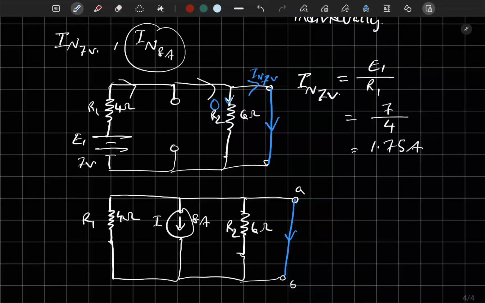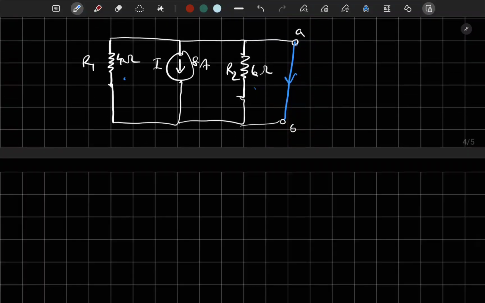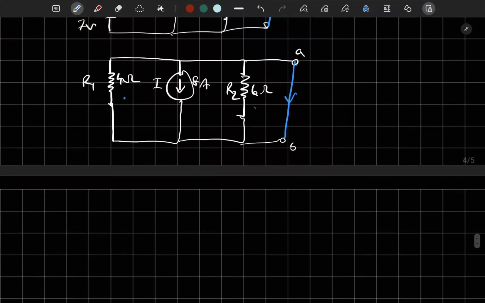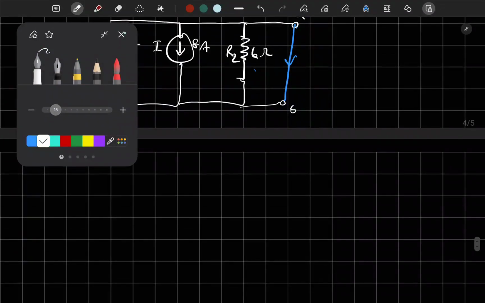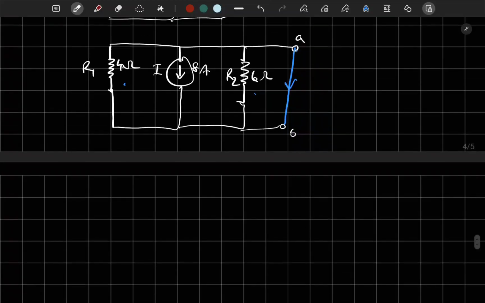So after I short this, what will be the current flowing? Will anything flow through 4 and 6? Pause the video and guess. No current will be flowing through 4 and 6. Why? To understand that, we can redraw the circuit again. Now look, 4 and 6 are on two sides of I, right? So if we bring I to the left side or to the right side, nothing changes.